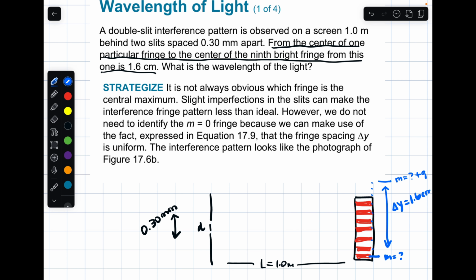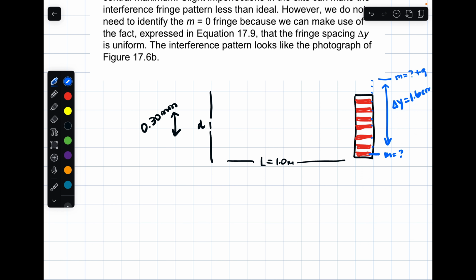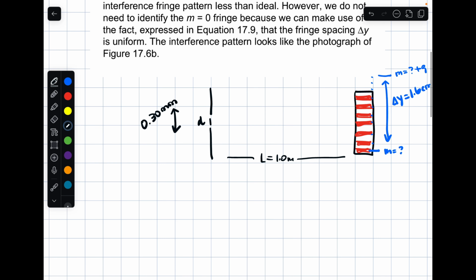So how can we determine the wavelength of the light? Let's look at some equations that we were given to deal with this. We have our equation number 1, which relates the angle to the wavelength and the slit spacing through that little delta R triangle. Remember that?